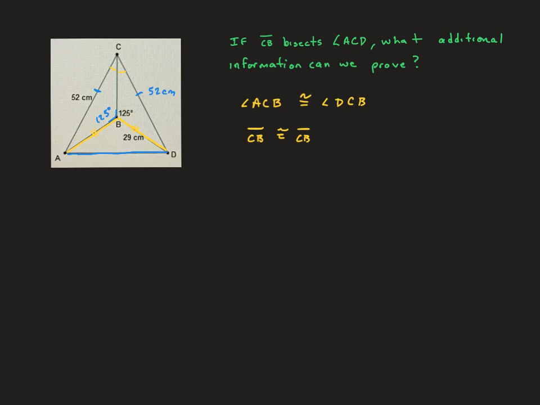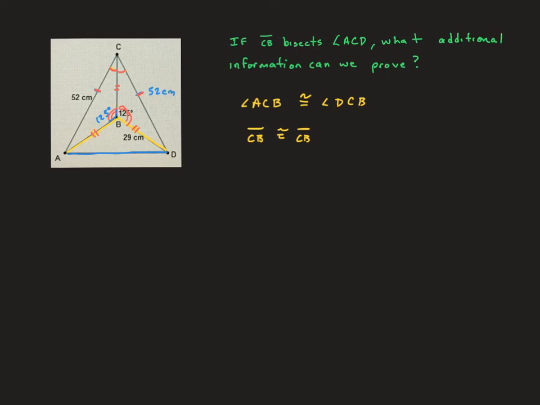So I know that this side is congruent to this side. I know that this side is congruent to itself, and I know that this angle is congruent to this angle. I know that this segment is congruent to this segment, and this angle is congruent to this angle.